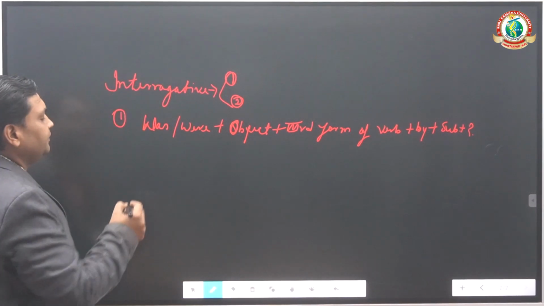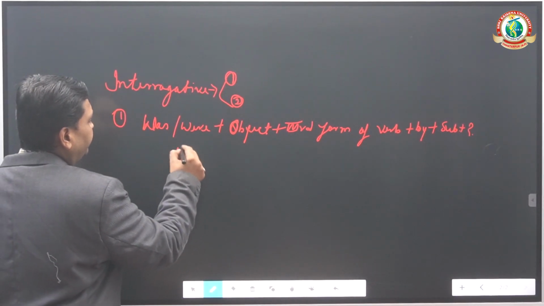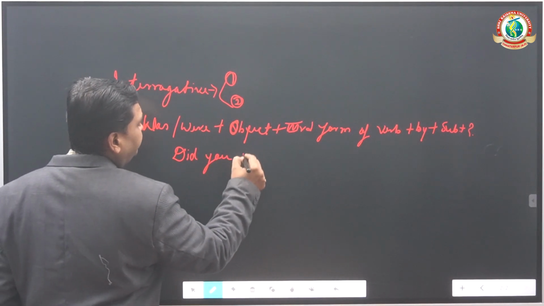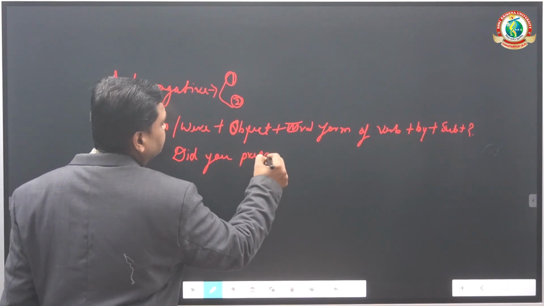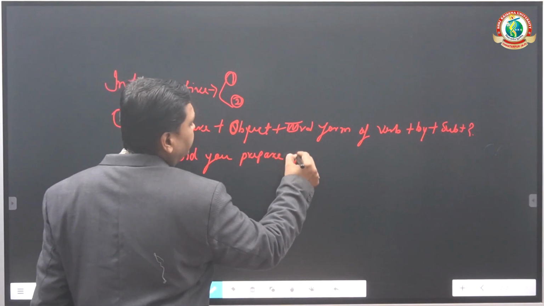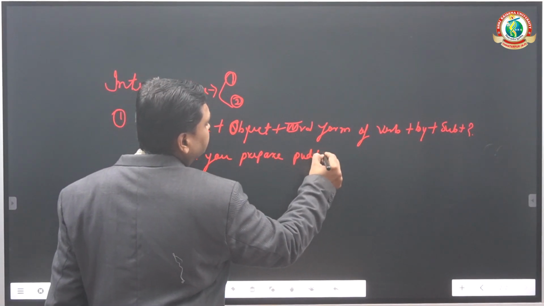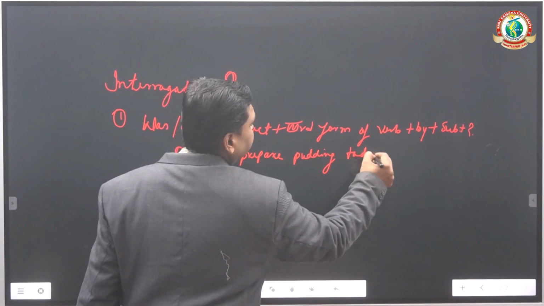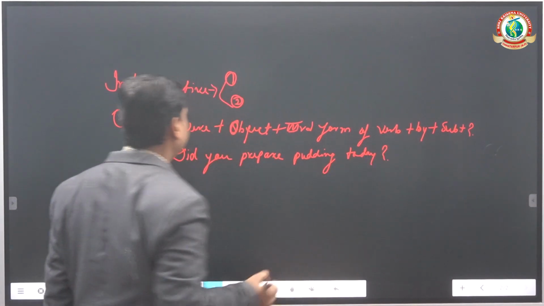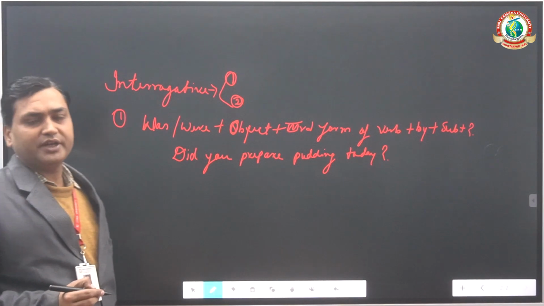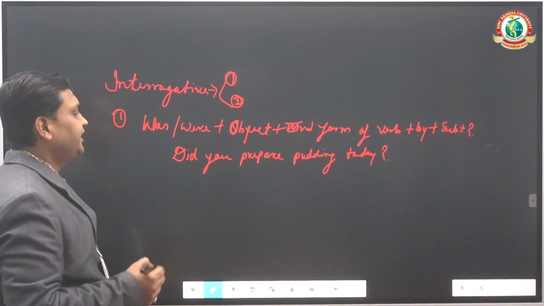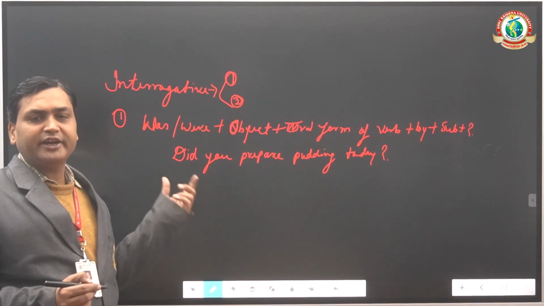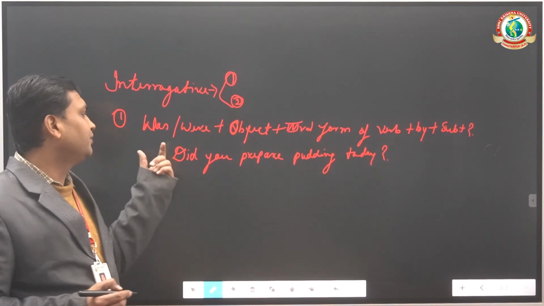The sentence would be like, did you prepare pudding today? In this sentence, we recognize that it is past indefinite and in interrogative form number 1.